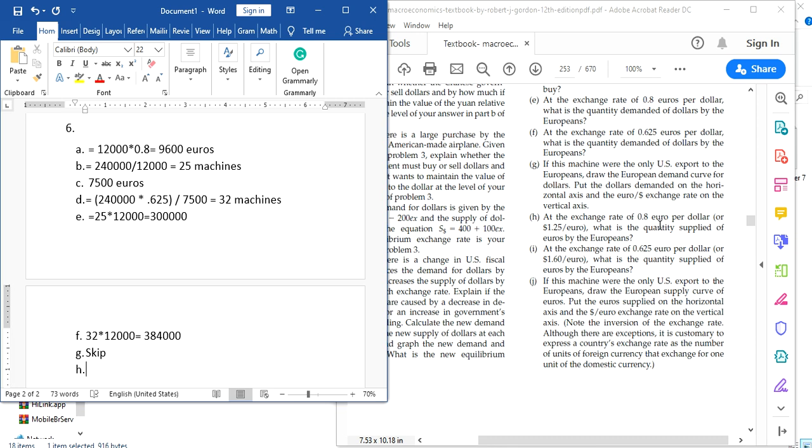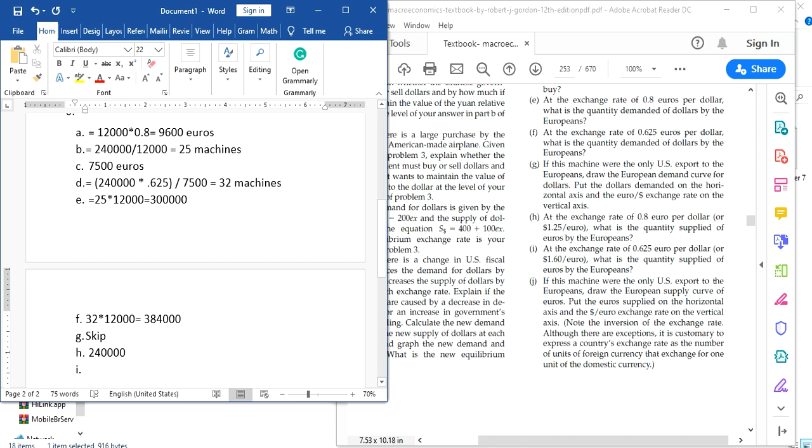So now let's see what the H part is asking us. At the exchange rate of 0.8 euro per dollar or 1.25 dollar per euro, what is the quantity supplied of euros by the Europeans? That would be 240,000.